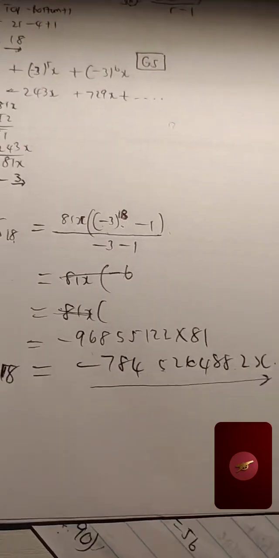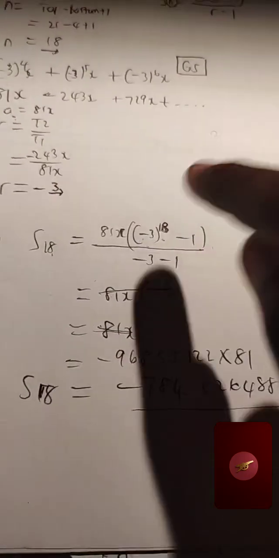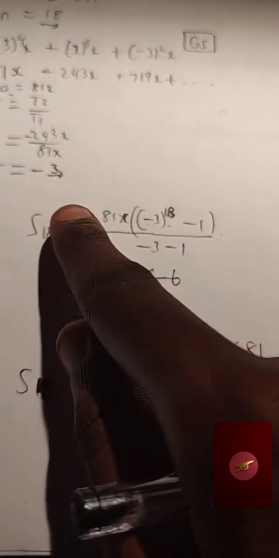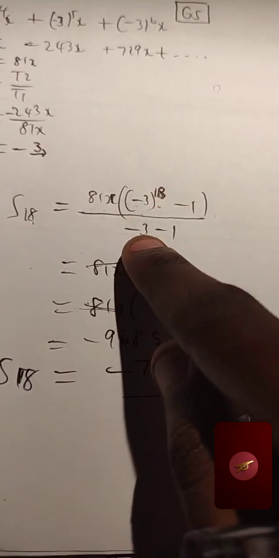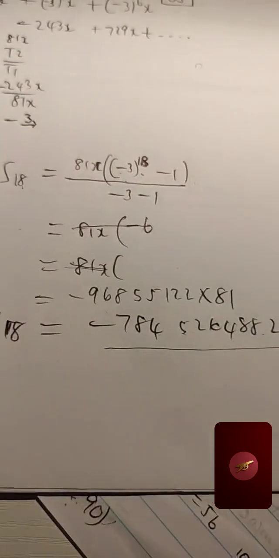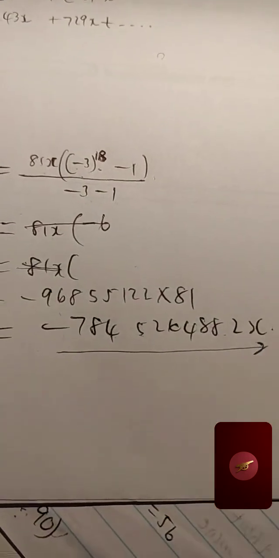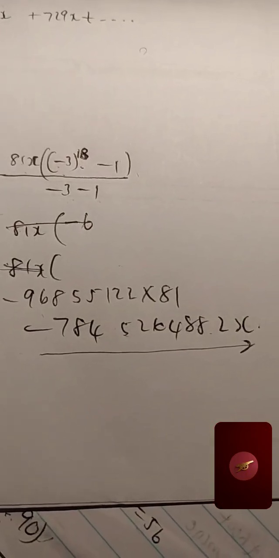The calculator can be very helpful so we don't have to work out all these specifics. You put everything in to get that negative value, and then multiply it by 81x to get this answer. Which makes life very easy.